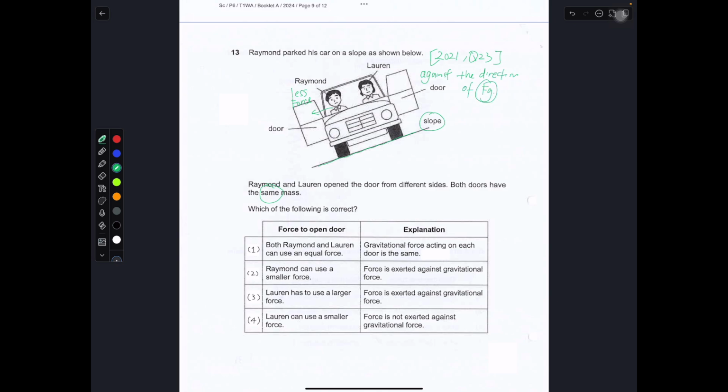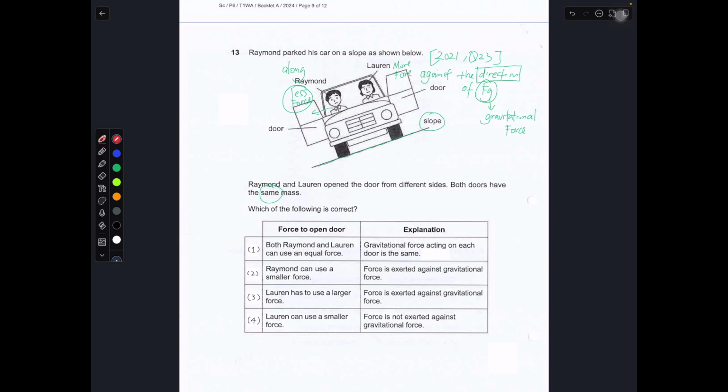Okay, this represents gravitational force. Okay, let me write it down. Gravitational force. So she will need more force to be able to open that up because she's going against the direction of gravitational force. For Raymond, he's going along with the direction of gravitational force. So Raymond needs less. Laura needs more force, more pushing force to open up the door.